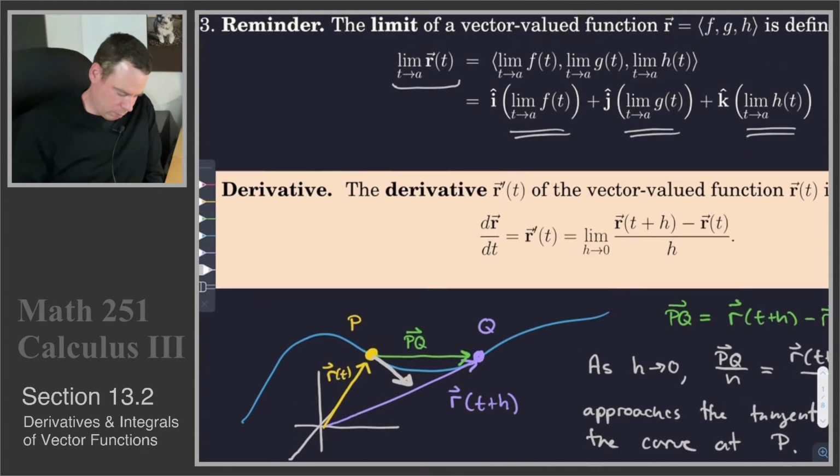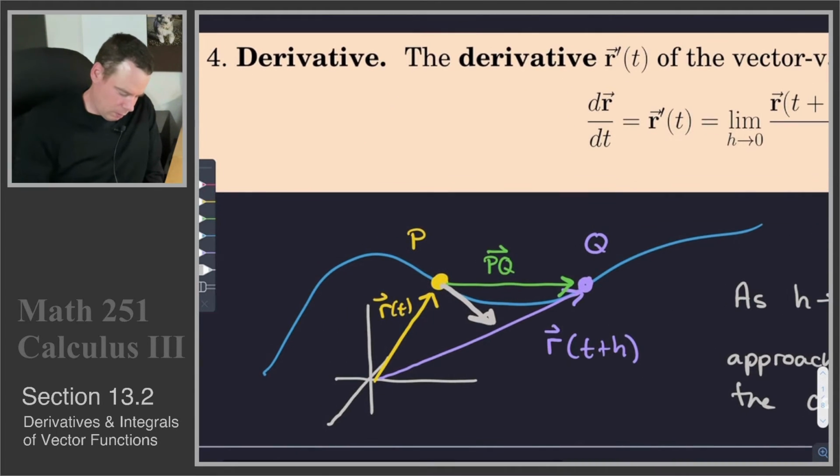I'm going to zoom in a little bit on it. This tangent vector, therefore, is r prime of t. And so that's what we're constructing here.